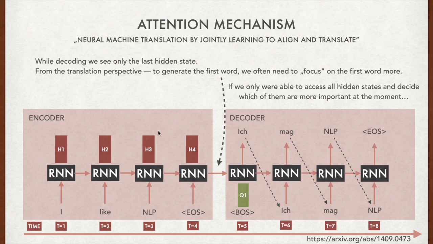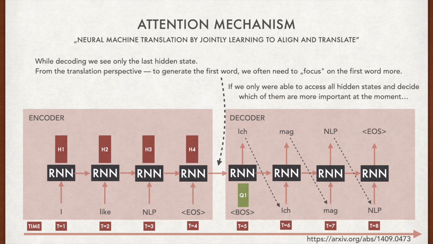Instead of accessing only the last hidden layer state to produce a given output, for example the word Ich, let's access all the hidden layers outputs at each time step and calculate the importance of them for our current step.